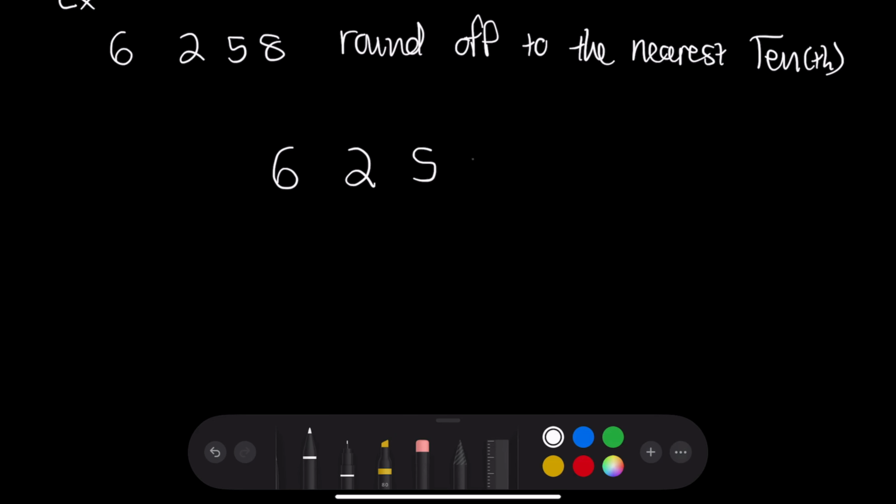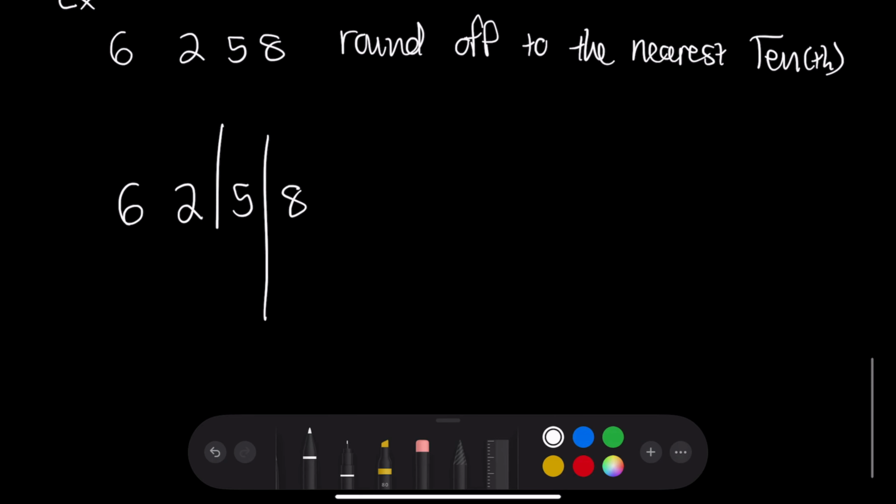6258 and you divide it. Sorry, let me write this closer to my left. So you write out the number 6258 and you write the various columns.